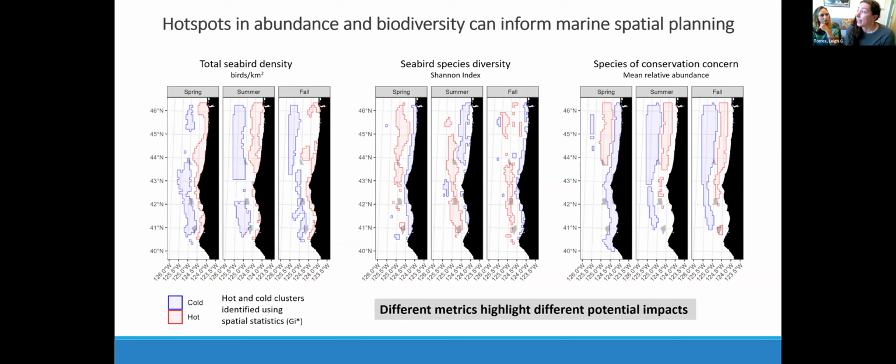I will need to go back and look at the data to see which species are driving that. There's a subset of 9 species from our list that do have that threat listing. I could follow up during the Q&A and put in the chat box that list with the status and which species specifically are driving that hotspot.